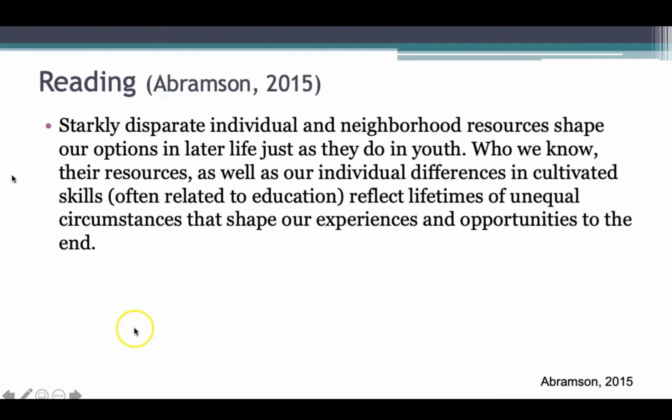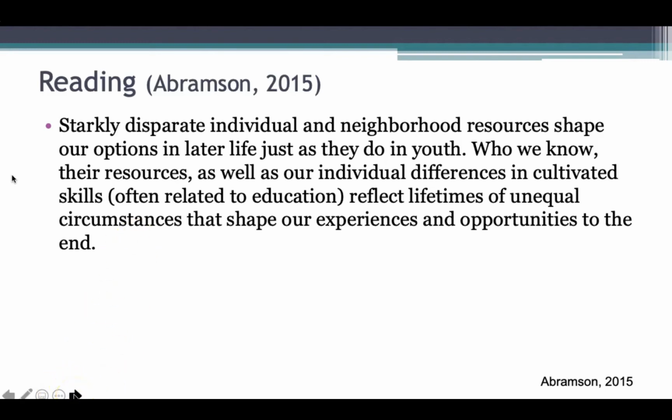Here we go. So one of your readings is an article by Abramson that talks about disparities in outcomes for people who are wealthy. And it's really an excellent article. Please read it. And we're going to have another, I think, 3 more slides to look at these ideas here.